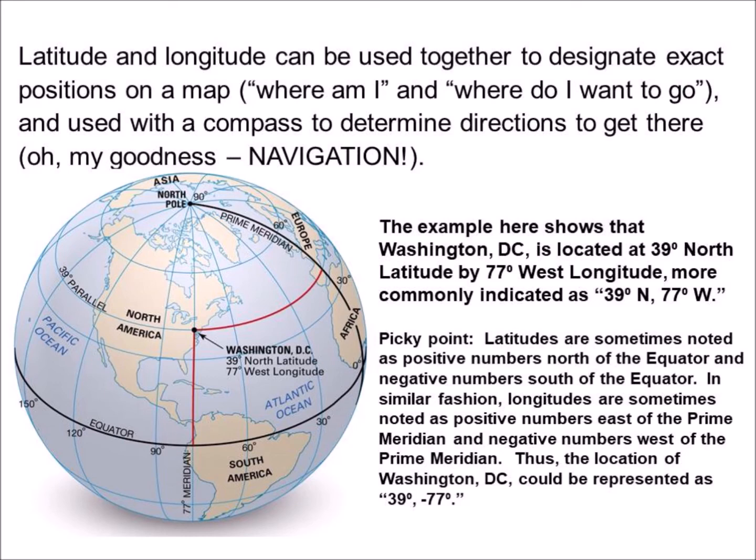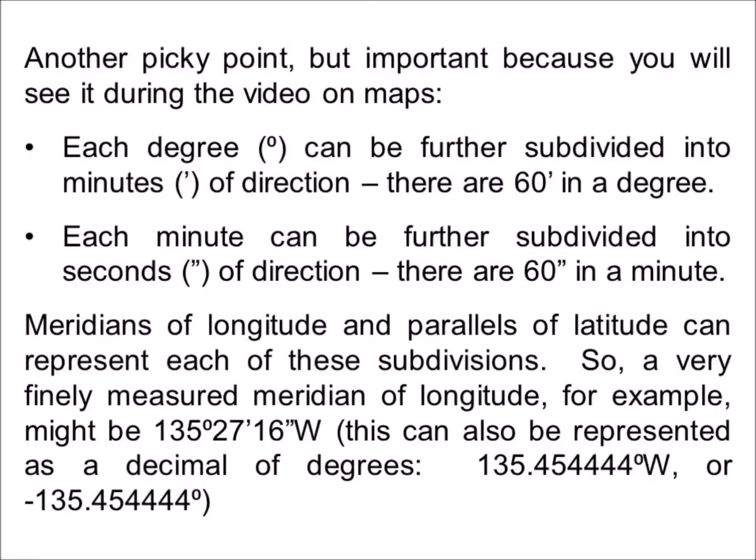Thus, the location of Washington, D.C. could be represented as 39 degrees by minus 77 degrees. I tell you this only because at some point you're going to see notations like this. Another picky point, but important because you will see it during the video on maps, and sooner or later we'll see it on other topographic maps.